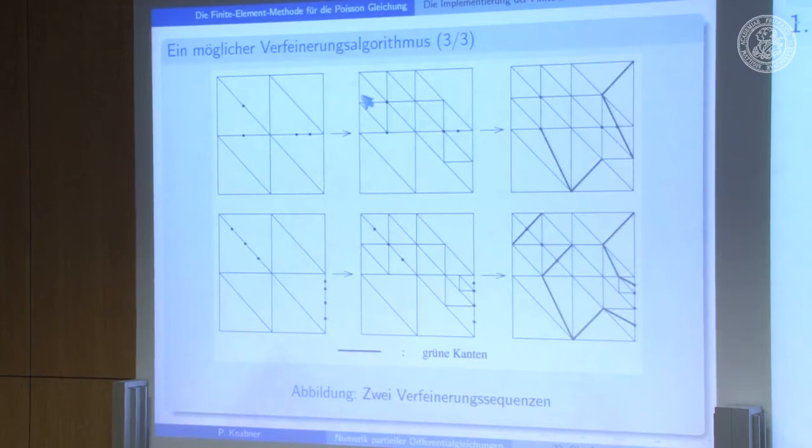So we end up in this situation. We now only have those triangles which have 1 additional node. So here, and here, and here, and here, and here, we have to do a green refinement step. These are these bolder lines here.